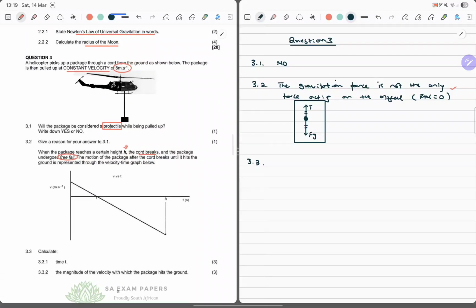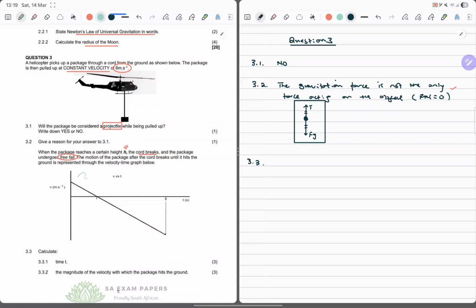So right now, they say the motion of the package after the cord breaks until it hits the ground is represented through the velocity time graph below. Okay, now look at this, guys. We are not told to ignore the effects of air friction, which I have a problem with if it is not mentioned. Because one thing for sure, we know that the acceleration is constant.